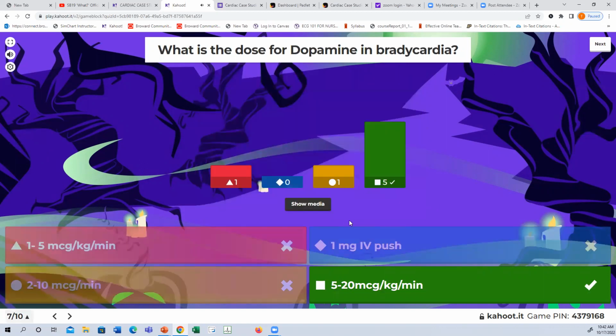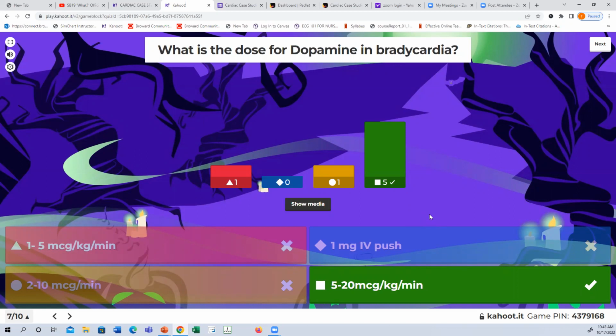So whenever we have bradycardia and it causes symptoms, in ACLS, we need to treat them with either atropine or dopamine or epinephrine. And of course, whenever we have to use dopamine, the appropriate dose would be 5 to 20 micrograms per kilogram per minute.